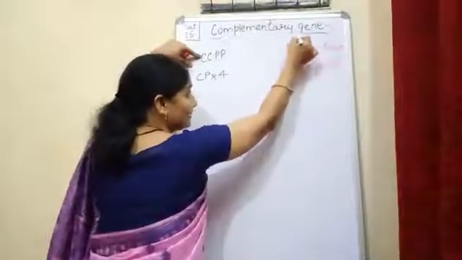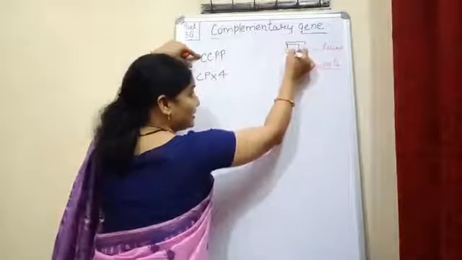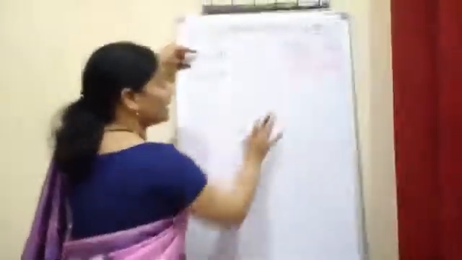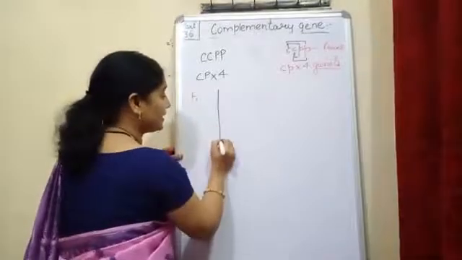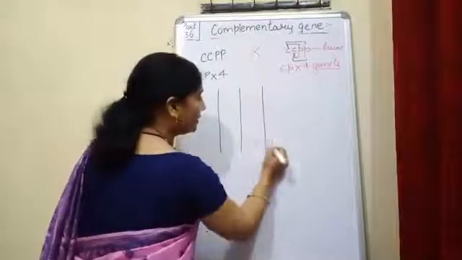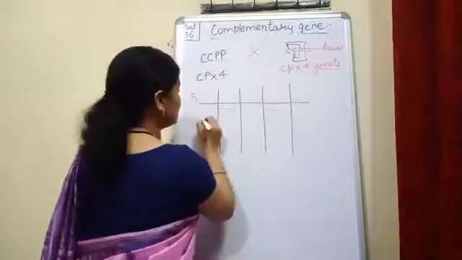This C with this P, again C and P. This is with this and this is with this. 4. Now 4 gametes. Now these gametes, they will cross together in F1 generation to give the result. Clear? Now I am writing for F1 generation.